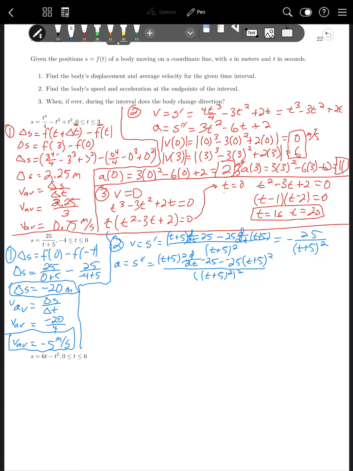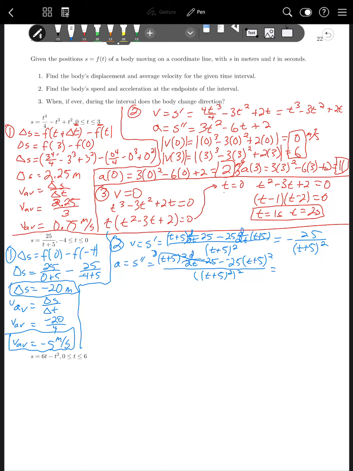Okay, and so this one's going to take a little bit more room to do. First thing, I can notice that the part on the front here goes away, because the derivative of negative 25 is 0. So this is all just 0. So that can go away. But on the second part, in order to do this derivative, I'm going to need to multiply it out.